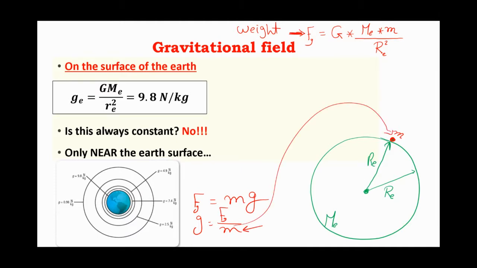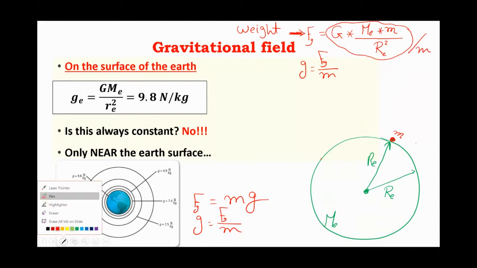So if you want to get the acceleration of this object, you need to divide Fg over the mass of the object. So I can say g, which is the gravity acceleration or the gravitational field, equals the gravitational force divided by the mass of the object. So you need to divide this formula over the mass of the object.